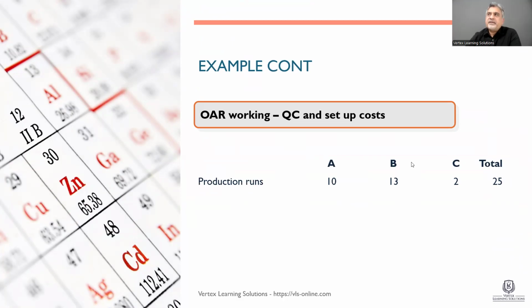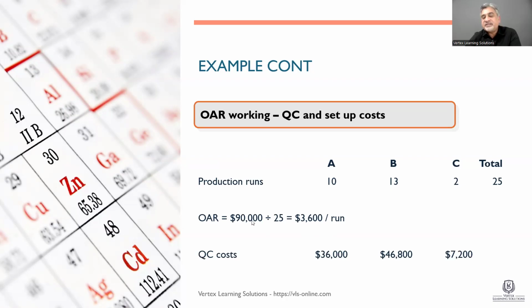And I remember, if I go back to the slide, $90,000 was the cost for this production setup. Your setup cost was $90,000. So after incurring $90,000 overhead, you made 25 production runs. You divide 90,000 by 25, which gives $3,600 per production run. Now simply multiply 10 with 3,600, 13 with 3,600, and 2 with 3,600.